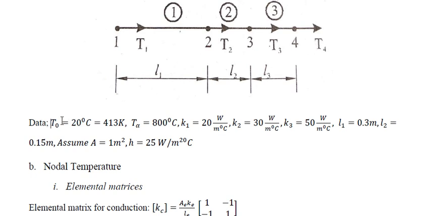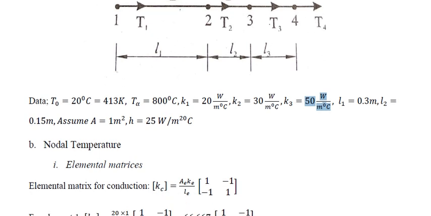T0 is 20 degrees centigrade. No need to write in Kelvin because we are maintaining centigrade. T infinity or T alpha, both are one and the same: 800 degrees centigrade. K1, K2, K3 in watt per meter degree centigrade, L1, L2, L3, and H are given. H is the end convection.